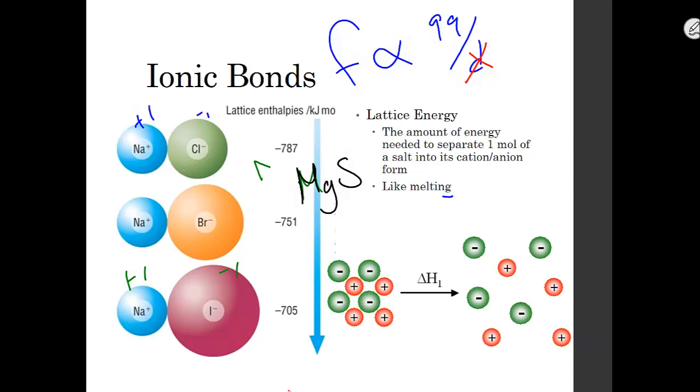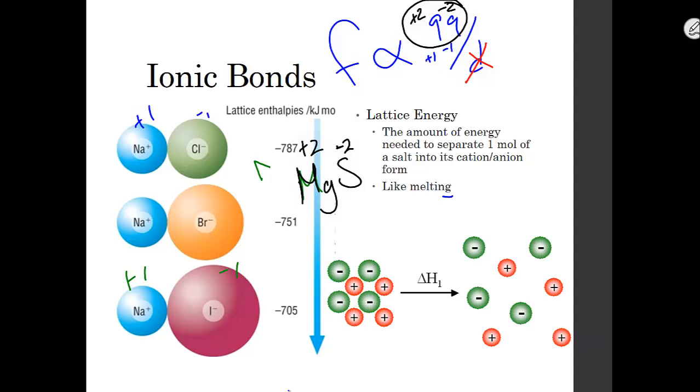However, magnesium is a +2 oxidation state and sulfide is a -2 oxidation state. So a +2 and a -2 would cause this numerator to be much greater than sodium chloride's +1 and -1.